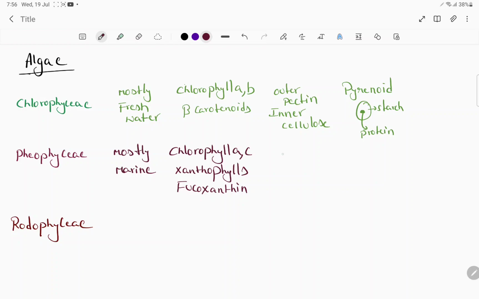The cell wall consists of algin or alginic acid, which is hydrocolloidal. And the stored material is laminarin and mannitol.